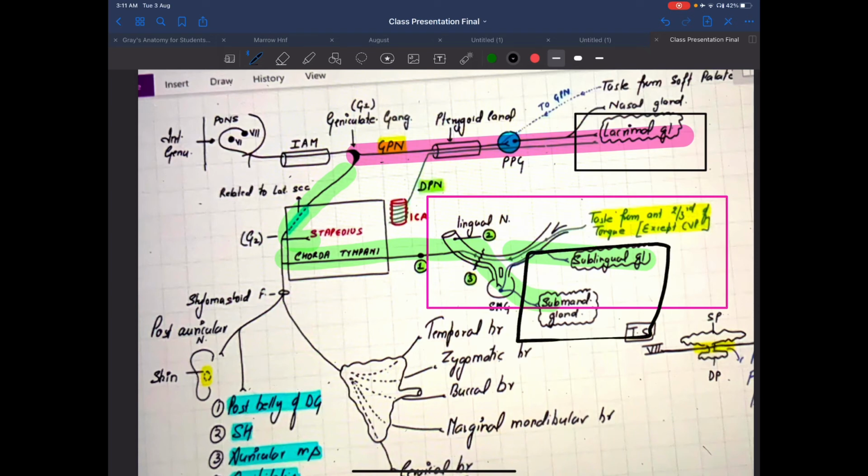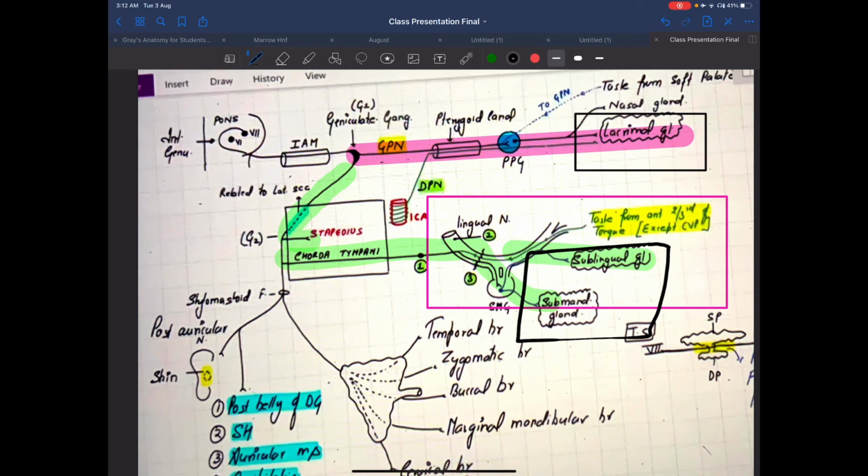If you can just pause the video and tell me what are the nuclear columns which supply the submandibular gland, sublingual gland, and lacrimal gland. Pause the video and try to answer. Yeah, you're right. These are the superior salivatory nucleus, which supplies all three of them.